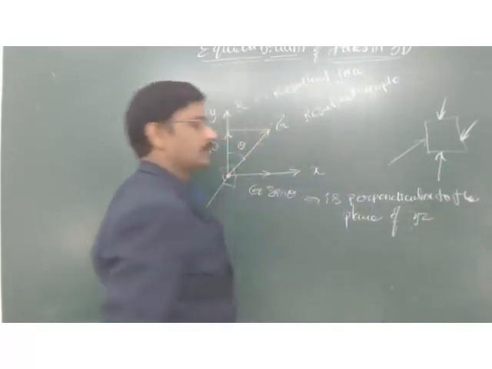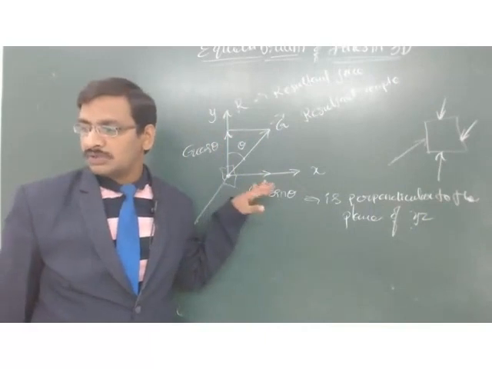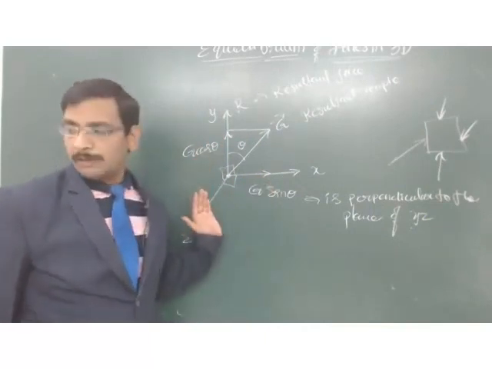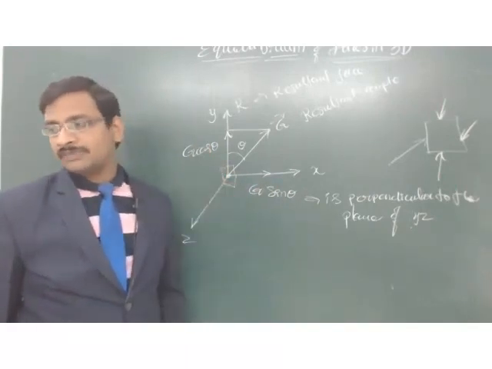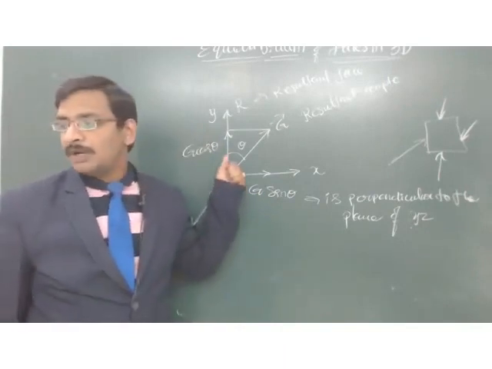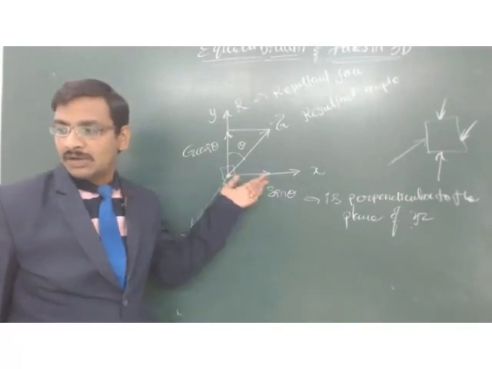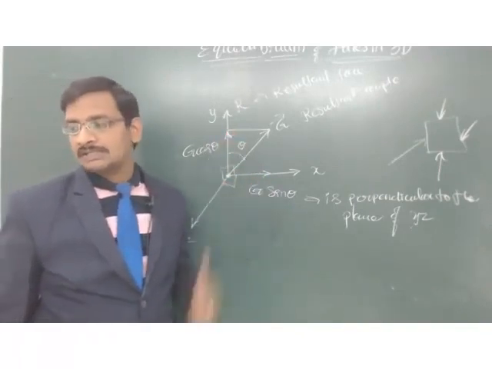That means the system of forces which results in this component of the moment is acting on this plane, hence it is perpendicular to the yz plane. Similarly, G cos theta can be treated as a perpendicular component of the resultant of all the forces acting on the xz plane. So this is G cos theta and this is G sin theta.